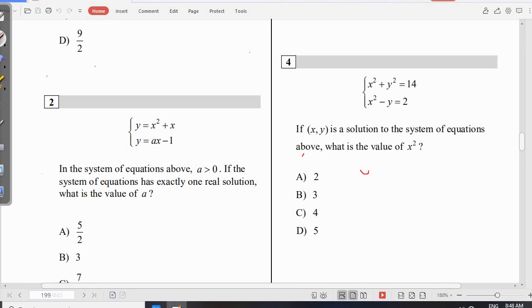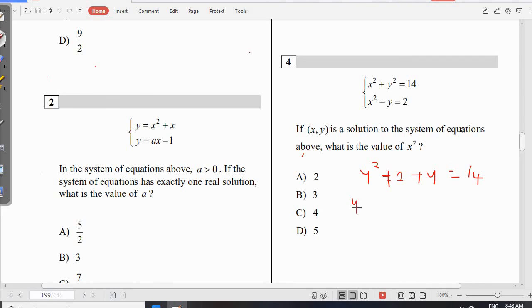Yeah, I think that's it. Y squared plus x squared, which is 2 plus y, equal to 14.